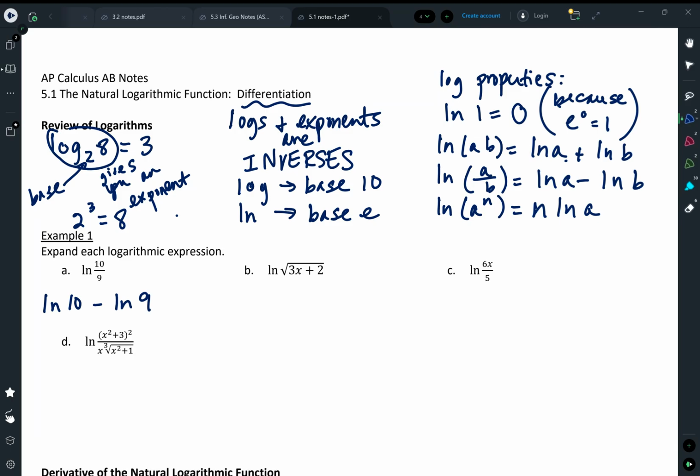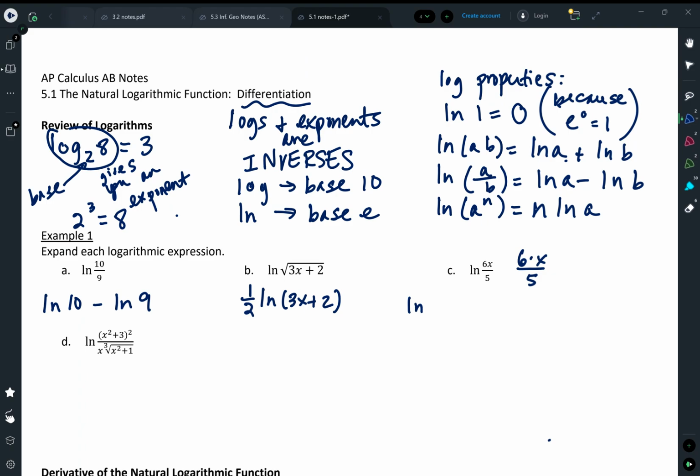In the next one, this 3x plus 2 is really to the 1/2 power if it's the square root, so I could make this 1/2 times the natural log of 3x plus 2. And the last one, I have the natural log of 6x divided by 5. So remember, it's a 6 times an x and then divided by 5.